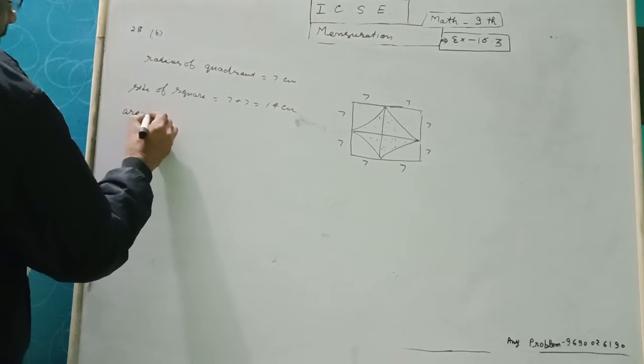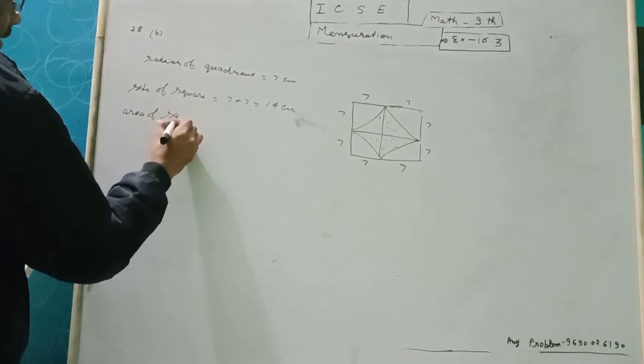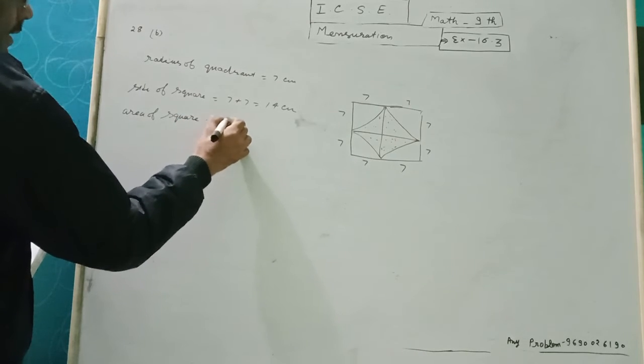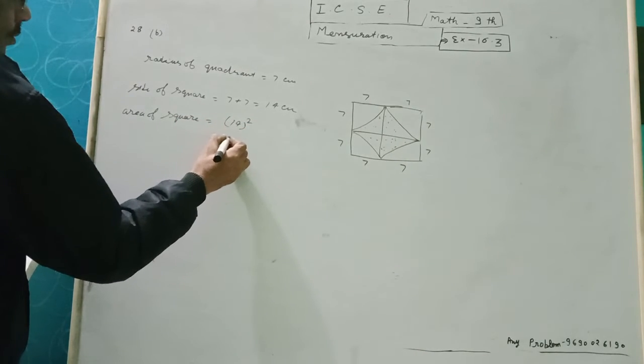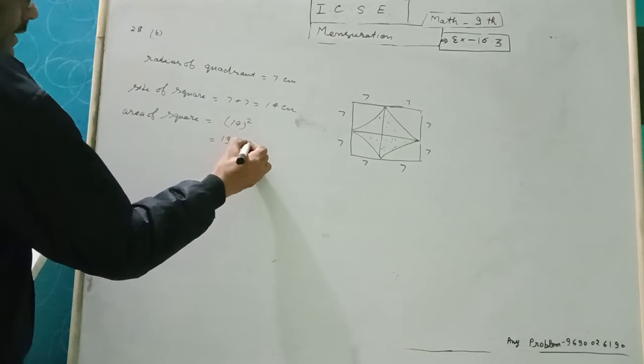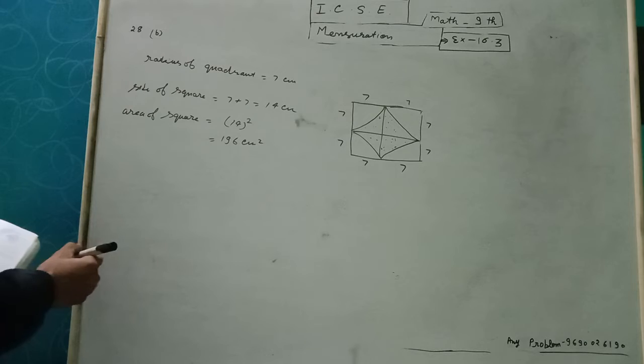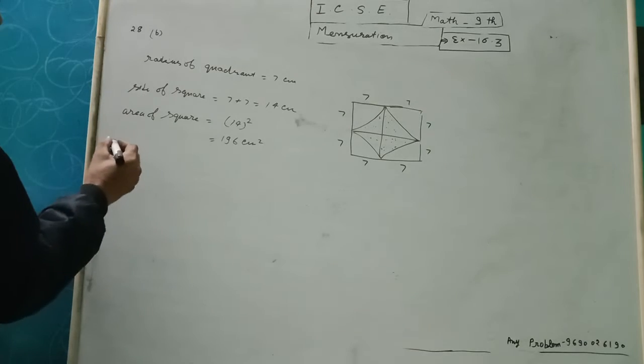Then area of the square is equal to 14 square is equal to 196 cm square. That is the area of the complete square.